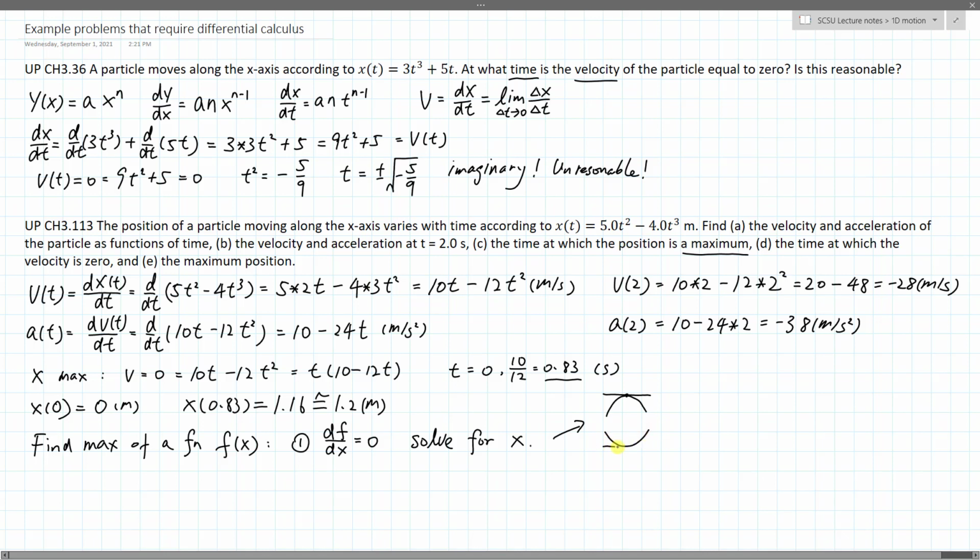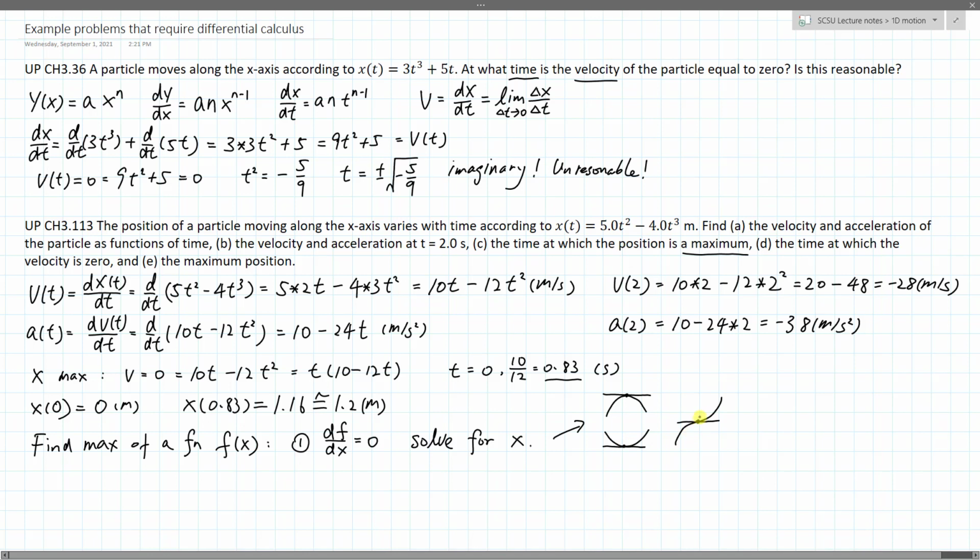So a minimum also gets picked up the same way because that gives you a 0 derivative. Or it could even be something like this, an inflection point where there's neither minimum nor maximum. It's just that the slope goes through 0. So we could have all these three possibilities. We have to knock out the minimum and also the inflection point.